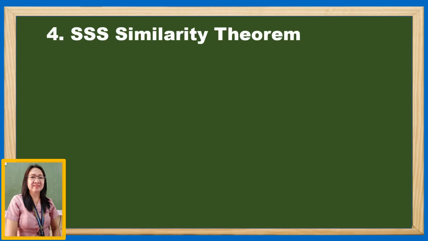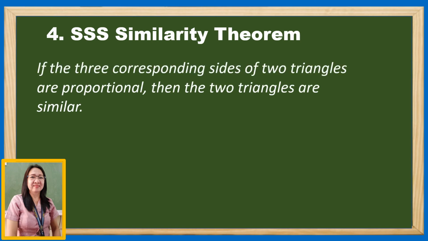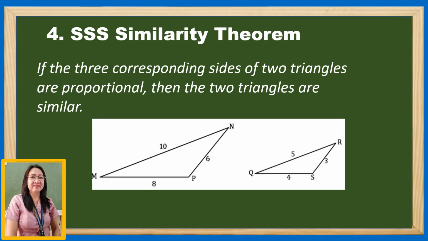Now let us have our SSS Similarity Theorem, which states that if the three corresponding sides of two triangles are proportional, then the two triangles are similar. Let us look at these figures, comparing triangle MPN and triangle QSR.